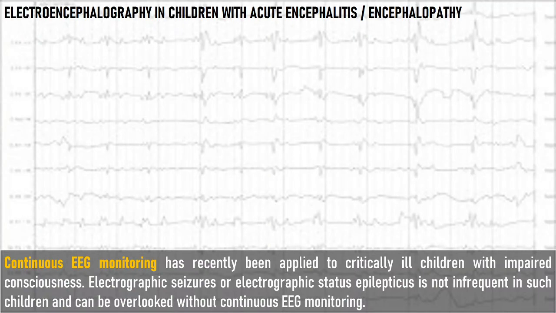Continuous EEG monitoring has recently been applied to critically ill children with impaired consciousness. Electrographic seizures or electrographic status epilepticus is not infrequent in such children and can be overlooked without continuous EEG monitoring.